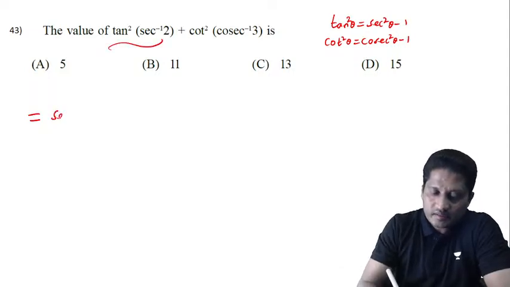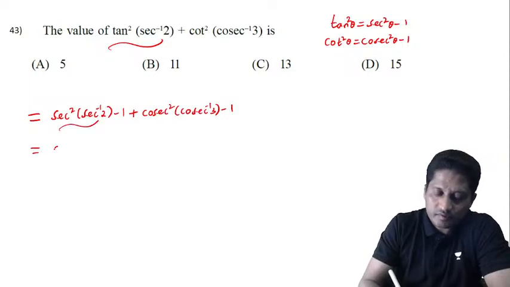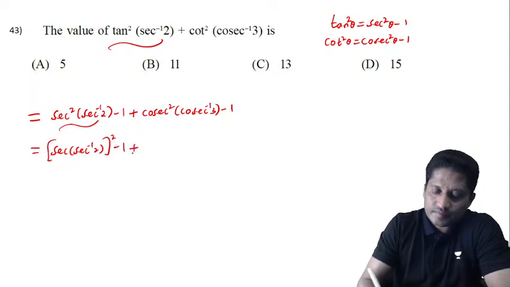So sec square of sec inverse of 2, that is sec of sec inverse of 2 the whole square, and then this is cosec inverse of 3 the whole square, and then minus 1.